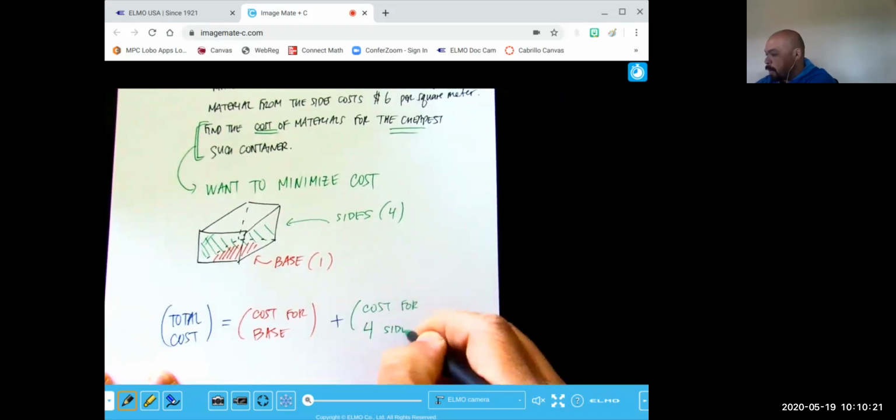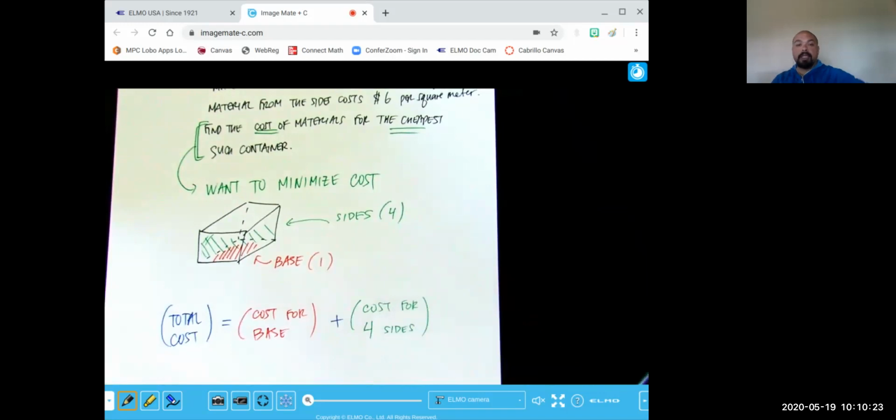Right, and so again, that might be a little simplistic, but just so we can get an idea overall what we're dealing with, right? Before I worry about jumping into equations, variables, all this and that, if I just build up this relationship, that's what I'm trying to make as small as possible, that cost, okay?